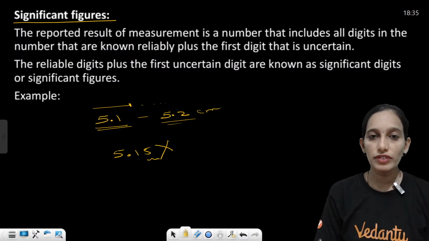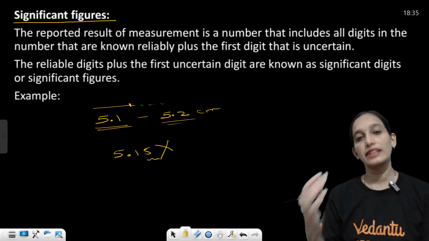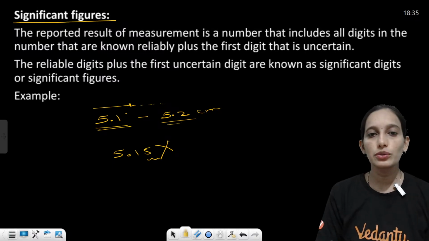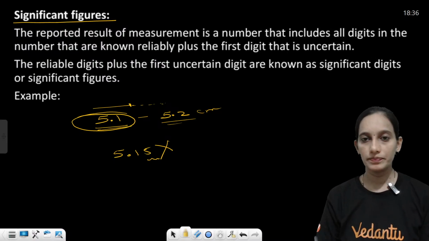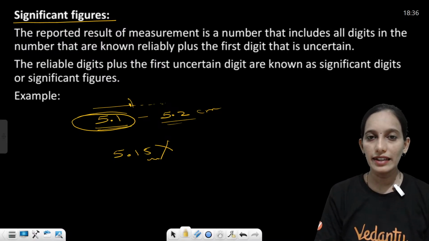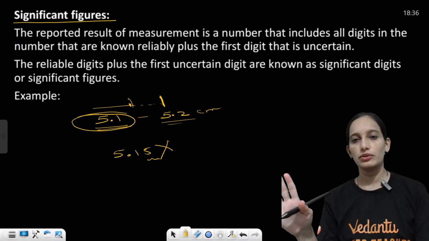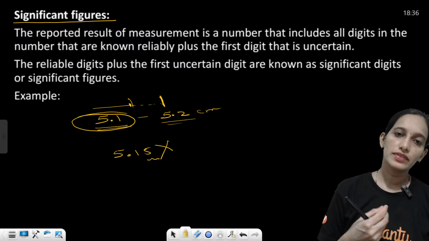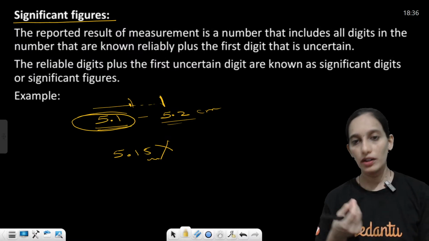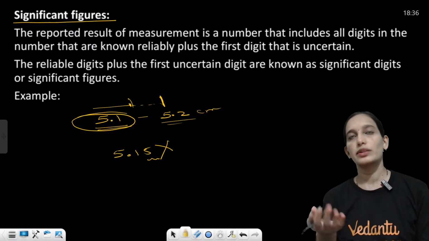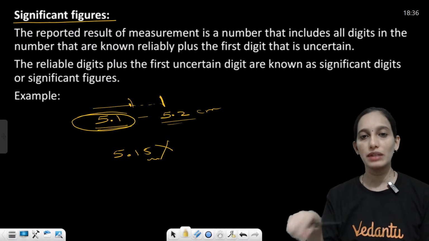So what we should actually do, if we are following the scientific method, is take the previous one, that is 5.1. We know that the length is between 5.1 and 5.2, but because of the limit of the given measuring instrument, it is not giving me the second decimal accuracy.